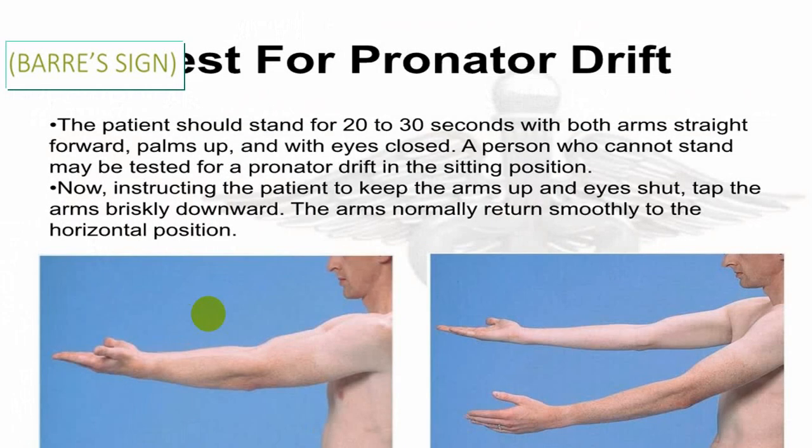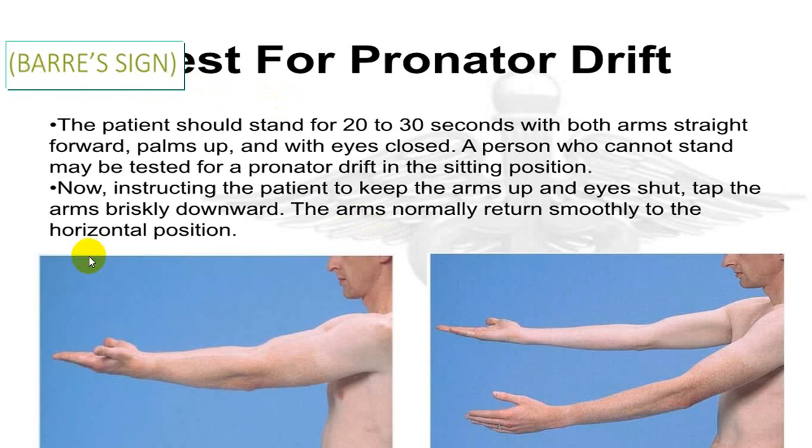Then there is one sign called Barany's sign, that is pronator drift. You ask the person to keep both arms outstretched. Slowly one arm will undergo pronation, and that will be very frequently seen in a person with cerebellar disorders.